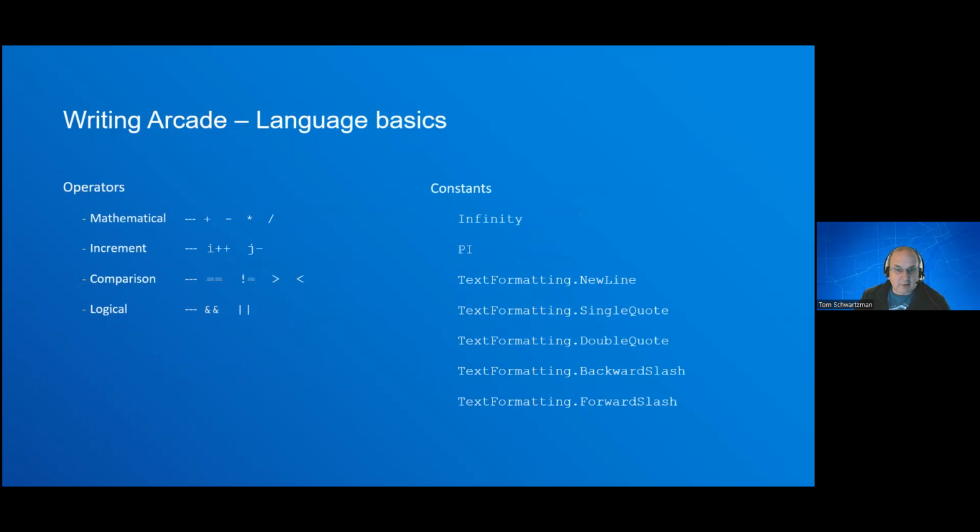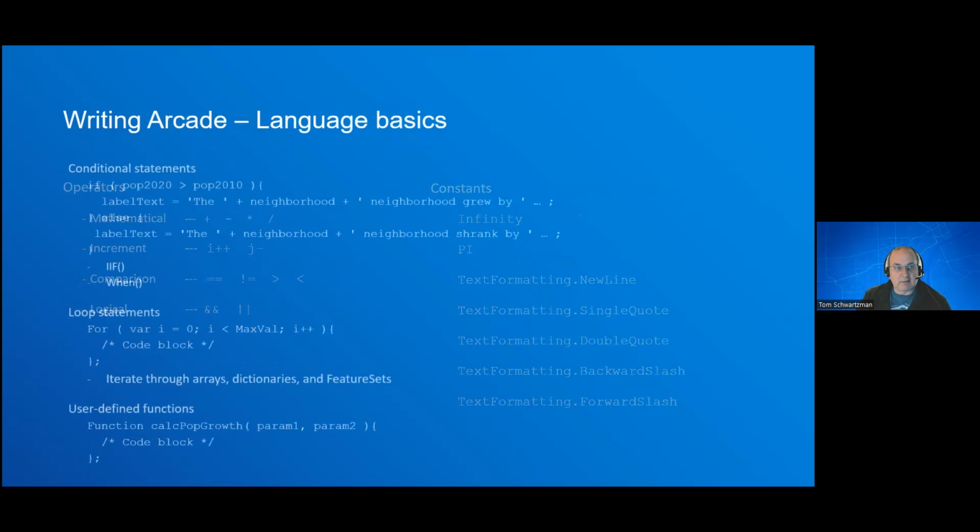It also knows how to do math, like 5 plus 3, or this variable times that variable divided by that variable. You see other things here, like mathematical operators, comparison operators (does this equal this?), and logical operators, this and that, this or that. It has some constants like pi and infinity and things like new line, things common to that language.